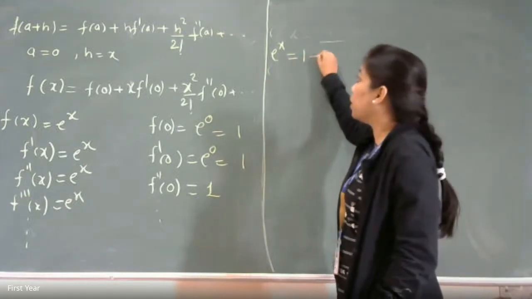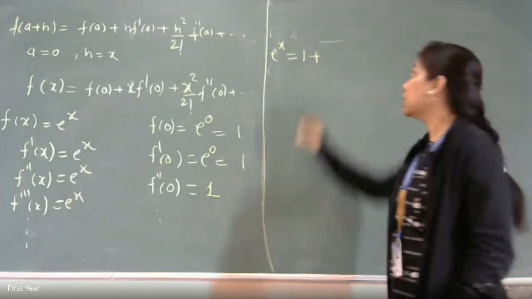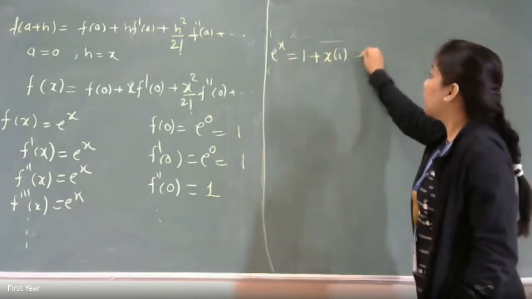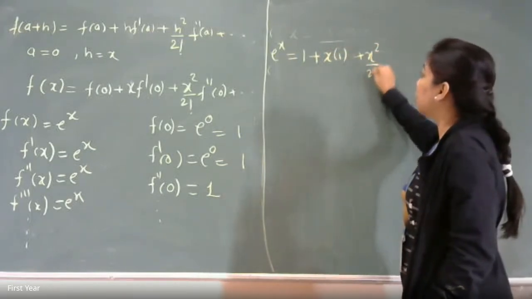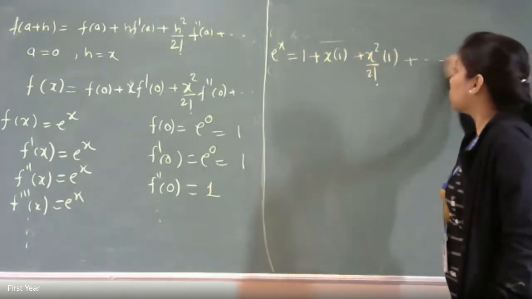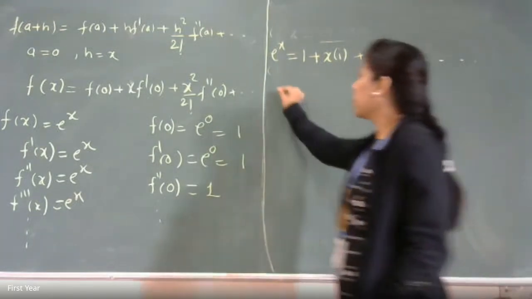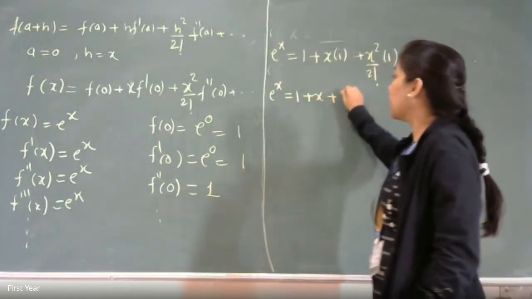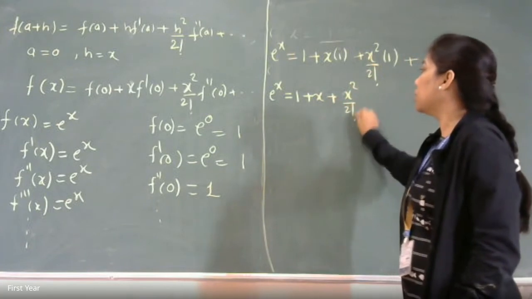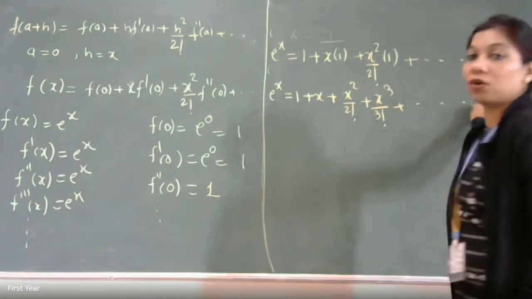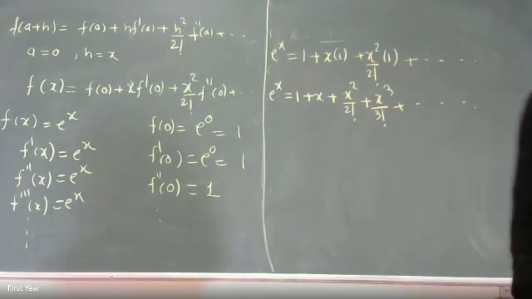So f of 0 is 1 plus x into f dash of 0 is also 1 plus x square by 2 factorial into f double dash of 0, that is also 1 and so on. So your expansion is e raised to x is equal to 1 plus x plus x square by 2 factorial plus x cube by 3 factorial plus dot dot dot. That's your expansion of e raised to x.